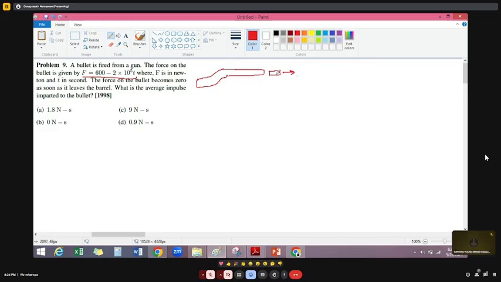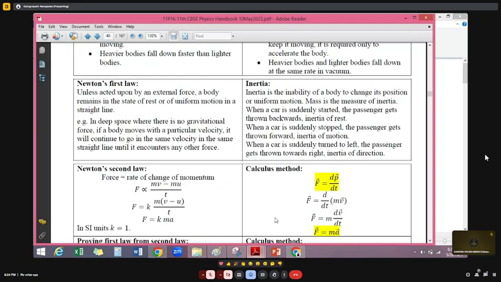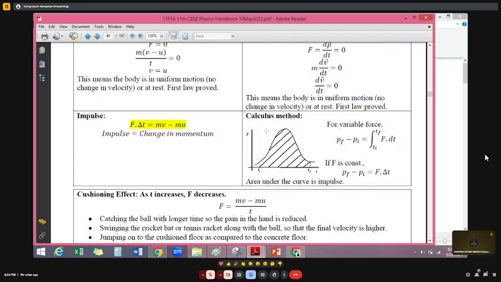But once it is going out, there is no force. It just goes on at constant velocity. You should understand that. I have given it in the handbook. I showed you this. Whenever the force is not constant, the force is changing with respect to time, then I have to use this concept of integration.